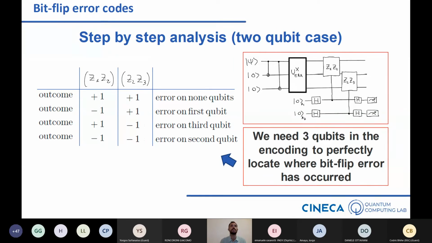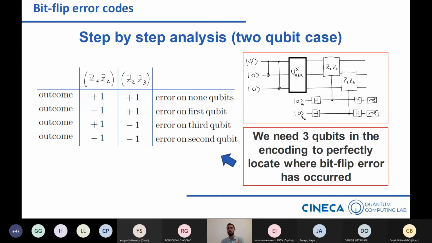Okay, these codes are the most famous codes that can correct bit flip errors or Z errors. In general, you can also have a phase shift of arbitrary angle, but then this kind of circuit is not able to distinguish that kind of error. This is just for Z or X-like errors, okay? In the other case, it's much more complicated.